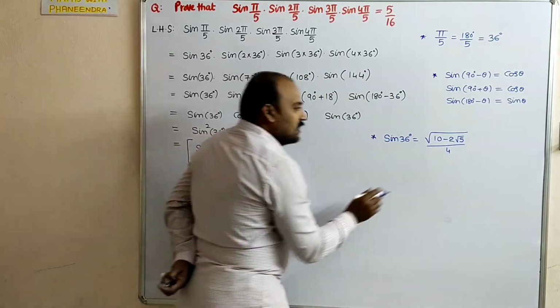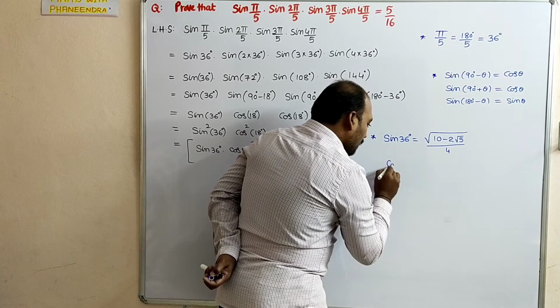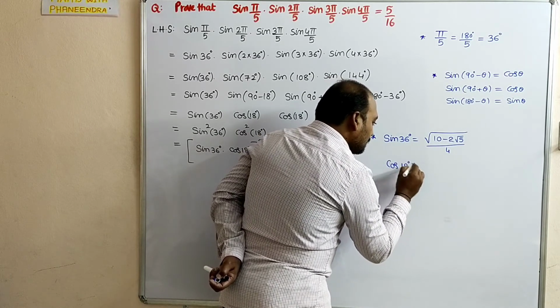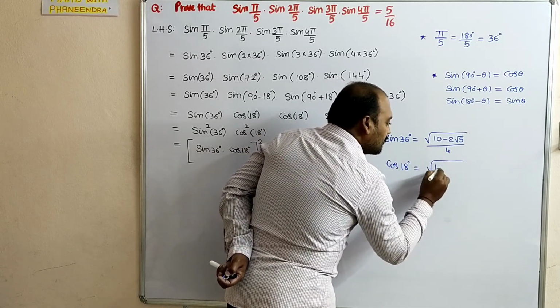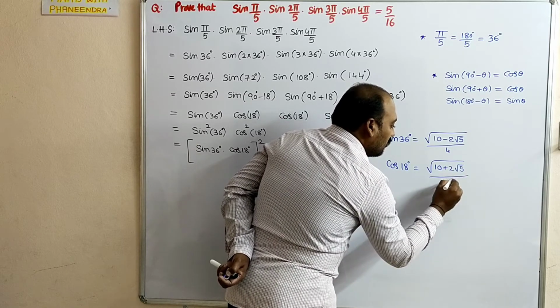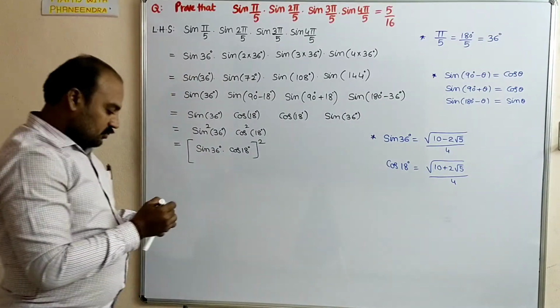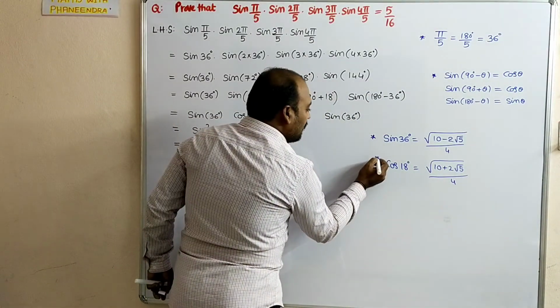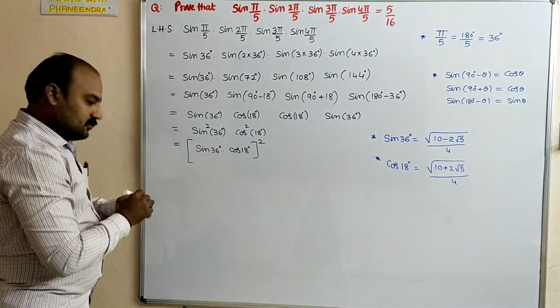Similarly, cos 18 has the same value but with plus: cos 18 degrees is square root of 10 plus 2 root 5, divided by 4. Now we have to replace these two values and substitute.